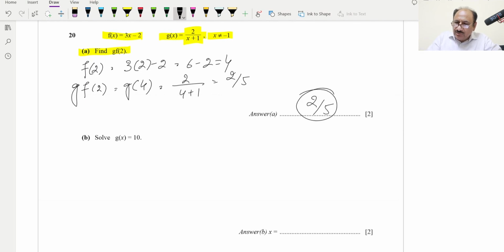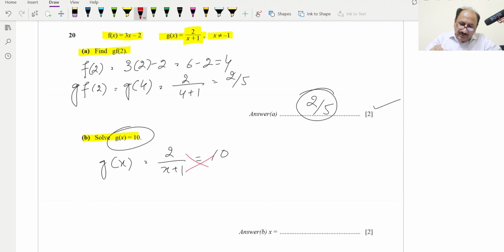Hopefully you understood. This is a very easy 2 mark question. Then solve g of x equal to 10. g of x we know is 2 over x plus 1, and it is given equal to 10. Now we can write 10 over 1 and cross multiply, and this will be 10x plus 10 is equal to 2.